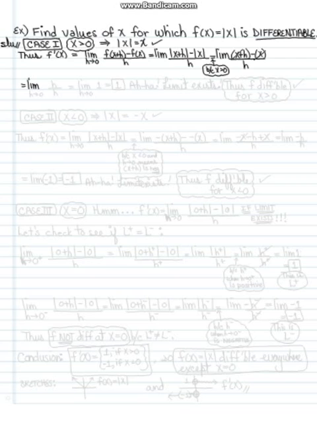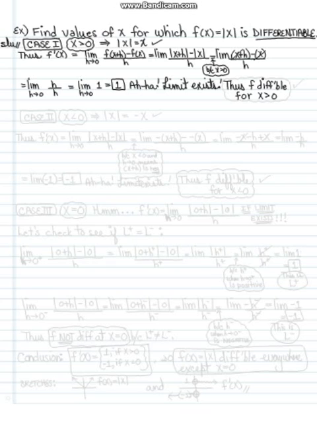We get the limit of h over h, which simplifies to the limit of 1. That's just equal to 1. The limit of a constant equals that constant. So we're happy we got a real number. We go, aha! The limit exists. Thus, f is differentiable for x greater than 0. Check that off and consider the next case.